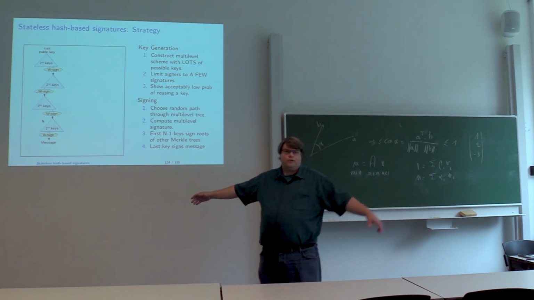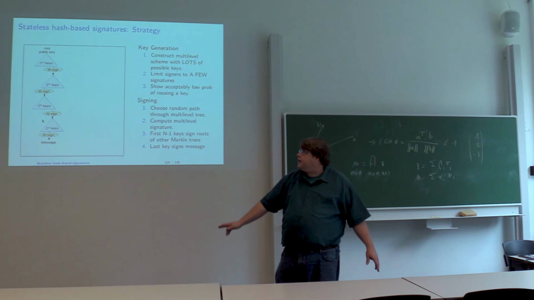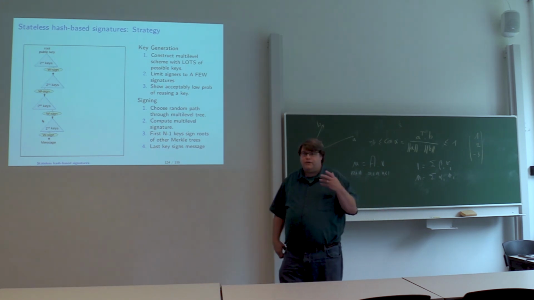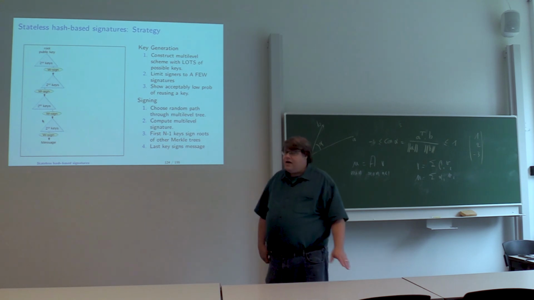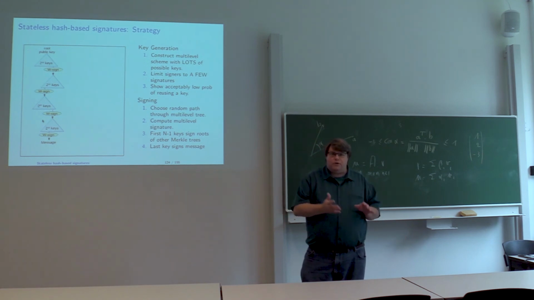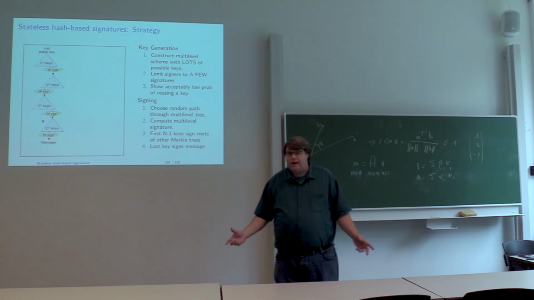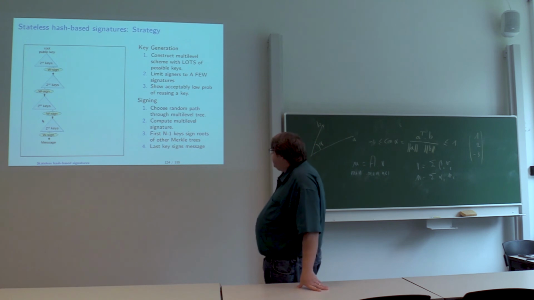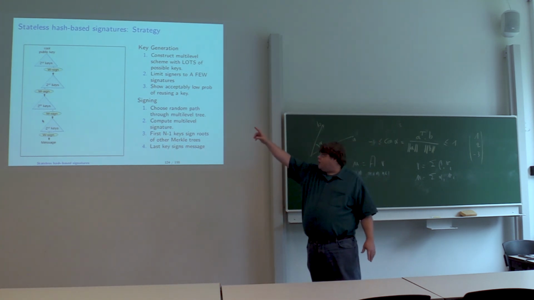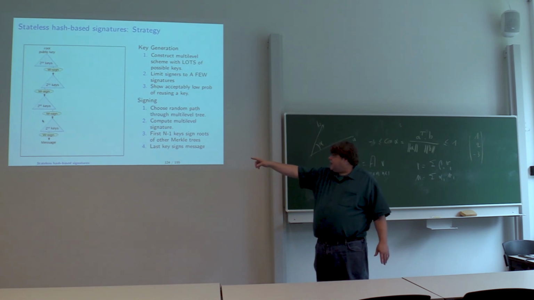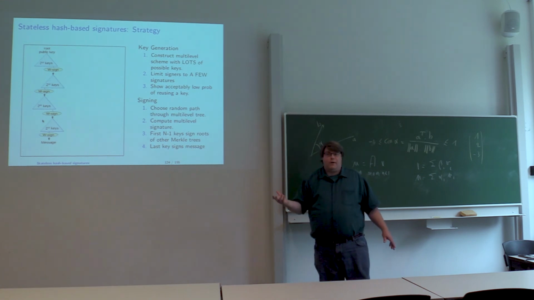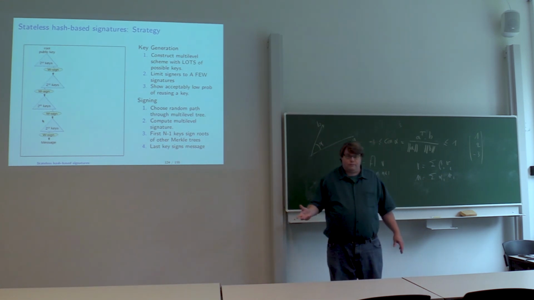I'm going to limit the signer to only a small number of signatures, small enough that I can compute the probability and show that it's very unlikely he's ever going to reuse a bottom level signing key and sign two different messages with it. Then signing is basically what I showed you before: choosing a random path through the tree, computing the multi-level signature, and the last key signs the actual message. Everything else just signs something internal.